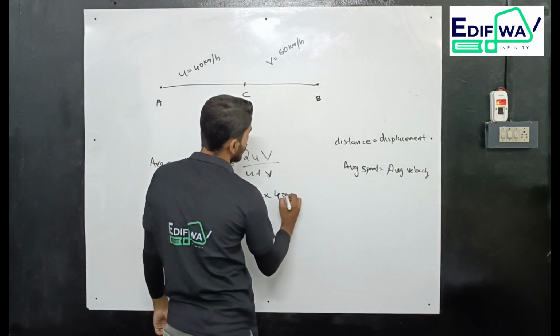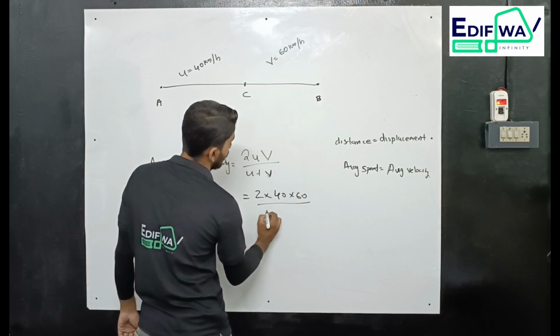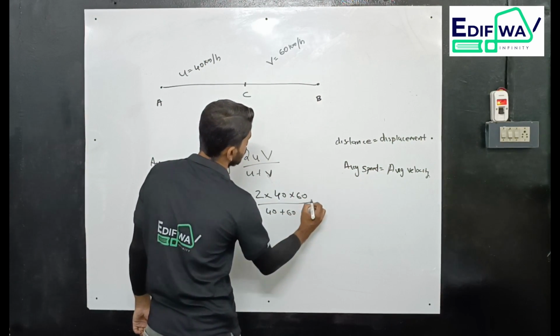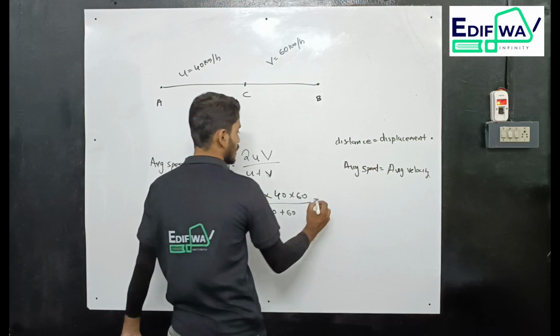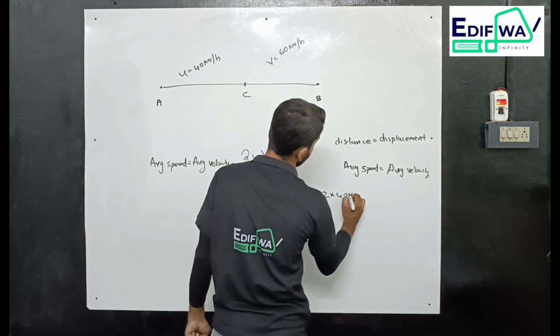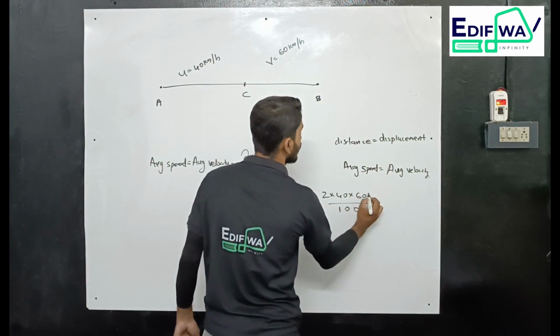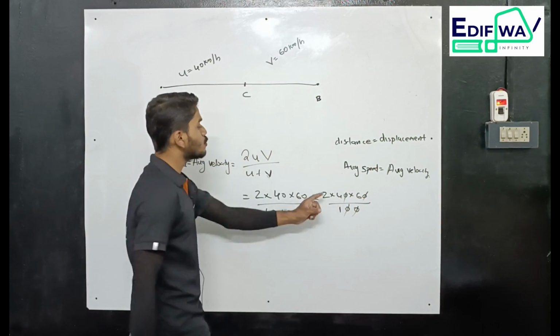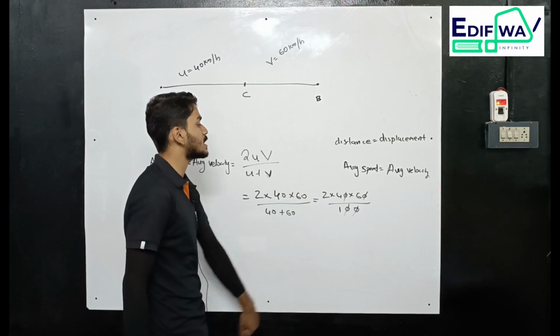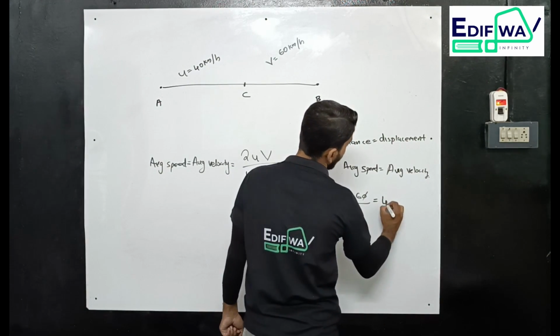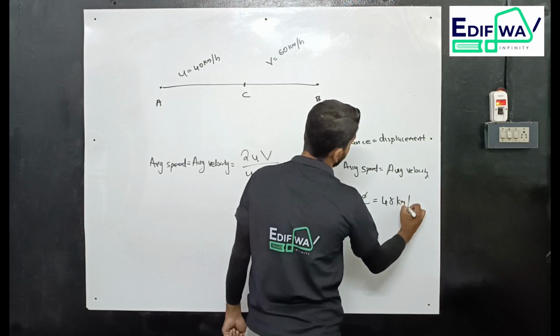So 40 multiplied by 60 divided by 40 plus 60. So this is 2 into 40 into 60 divided by 40 plus 60, which is 100. So you cancel these zeros. So 2 into 4 is 8 and 8 into 6 is 48. So your answer is 48 kilometer per hour.